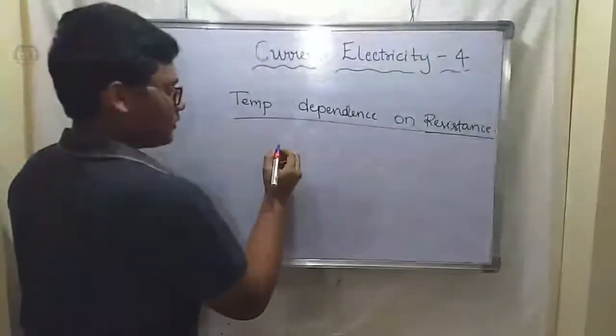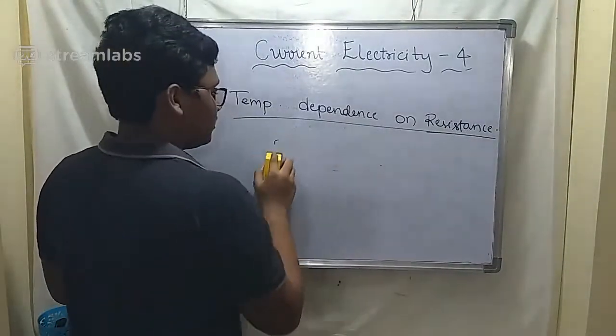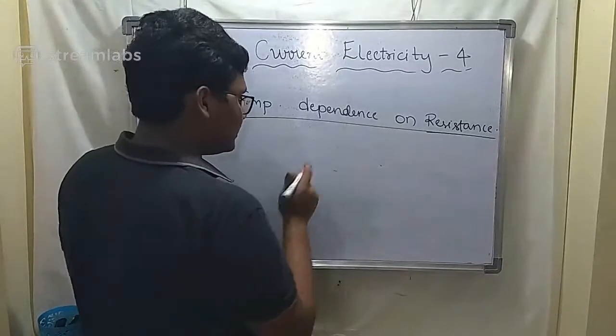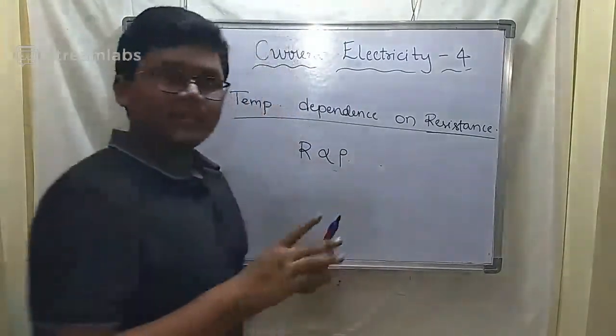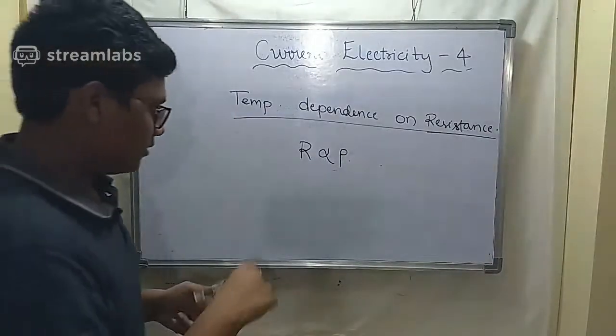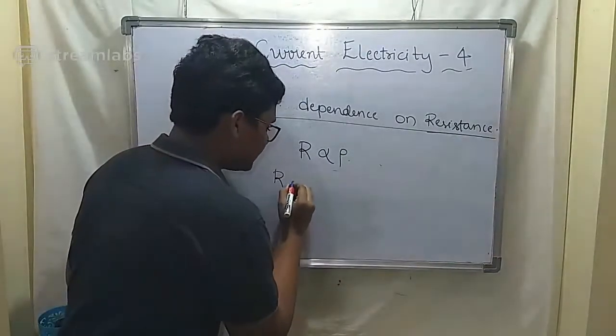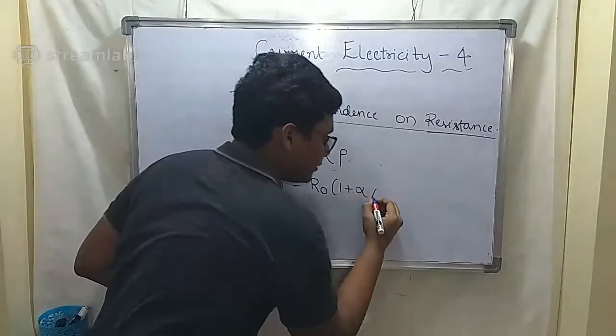So here what we'll get is R. Similarly, because R is proportional to rho, we will get a similar result, that is R is equal to R naught into (1 plus alpha into delta T).